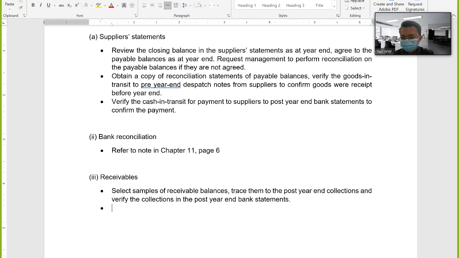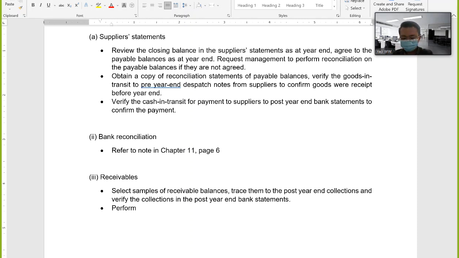What is having a connection is you can compare your receivable days to the credit period offered to the customer. So you can calculate the receivable days, because receivable days showing 50 days, for example, your credit period is only 30 days, something is wrong. Customers are not paying on time. Then you can ask the management, hey, you got allowance for receivable or not?